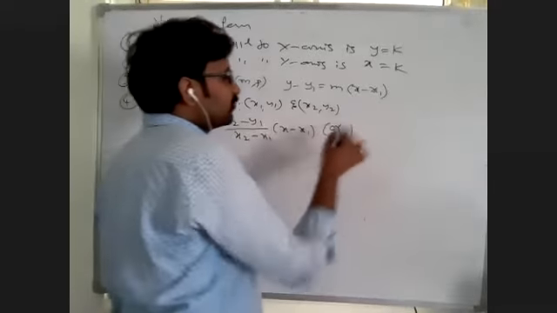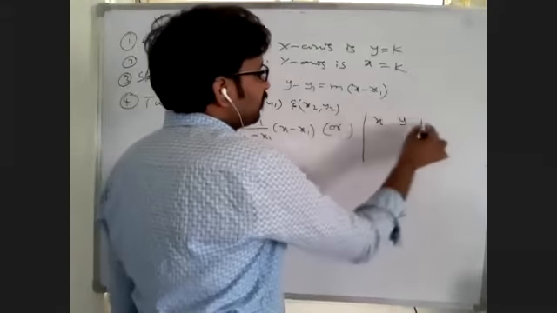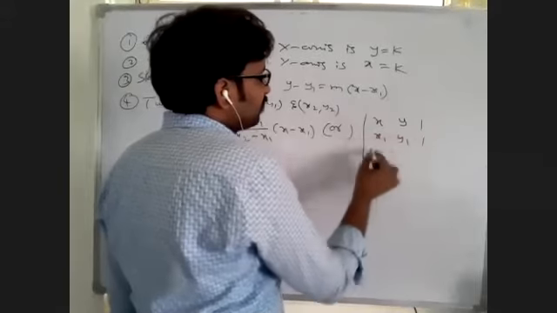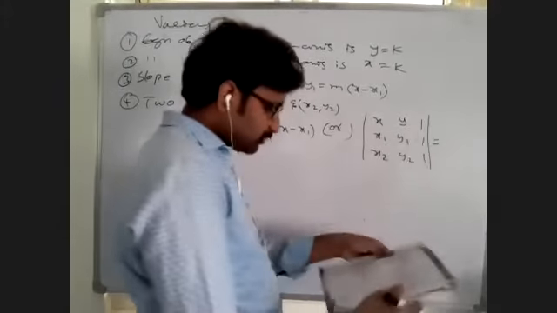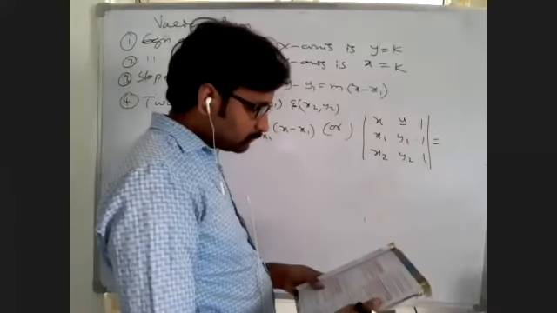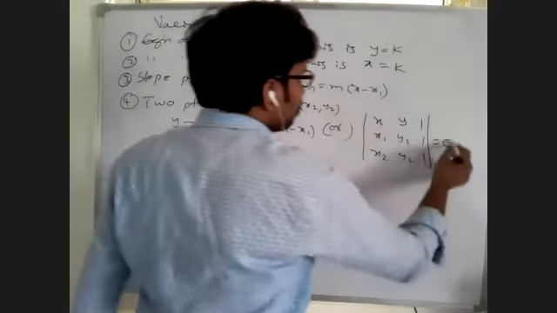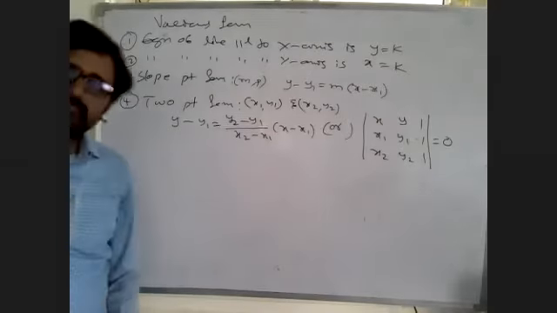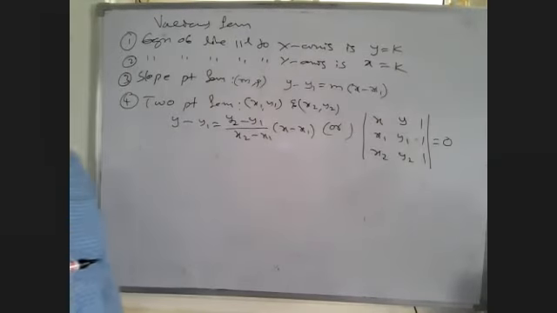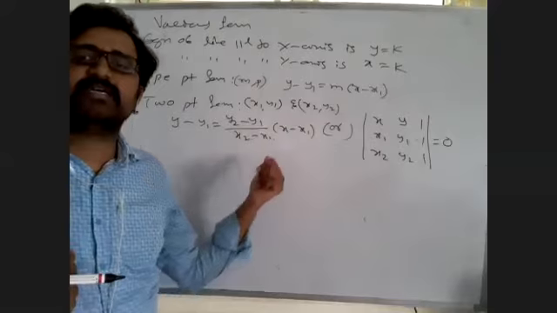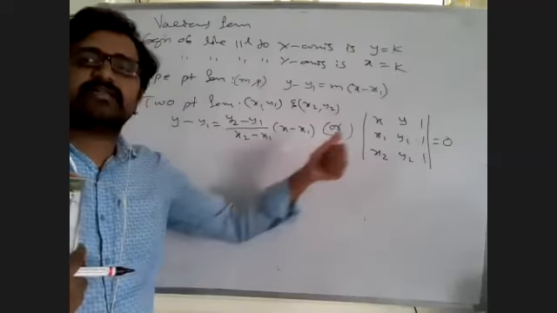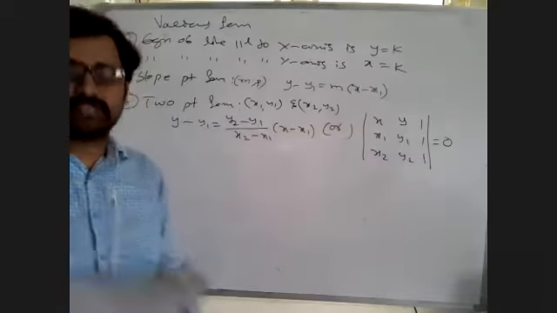Or one more also we have: determinant of rows x y 1, x1 y1 1, x2 y2 1 is equal to 0. So any one of these two we can use to find the equation if 2 points are given. 2 points is the line equation find cheyadaniki idi gaani adi gaani use chesu, whatever it is we can use.